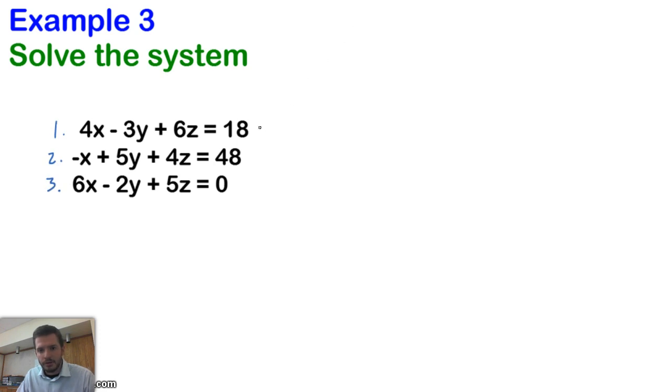I'll just rewrite them over here. The top one's not going to change. The second one is minus 3y plus 6z equals 18, and what I need to do to this equation is multiply by 4. So I'm going to multiply everything by 4. Make sure you do that.